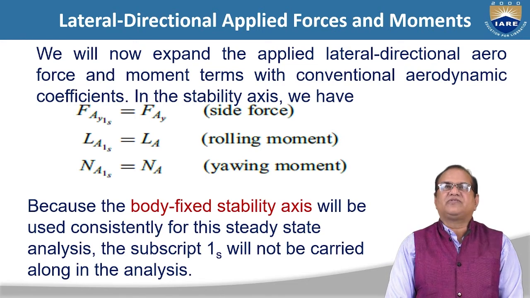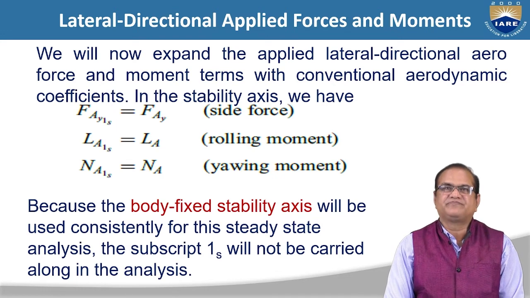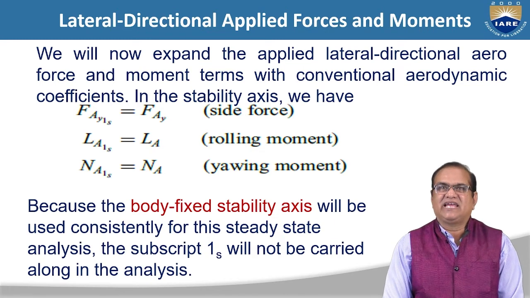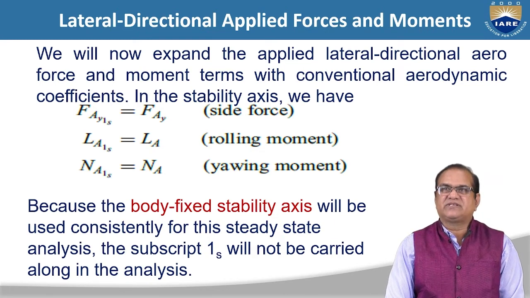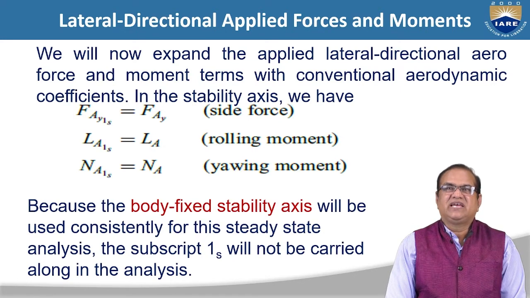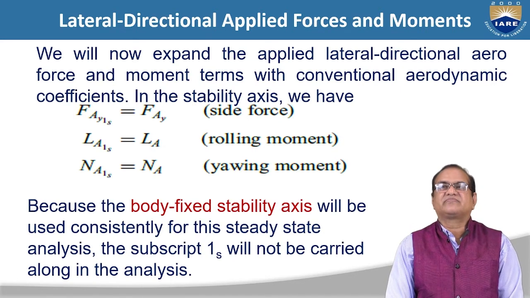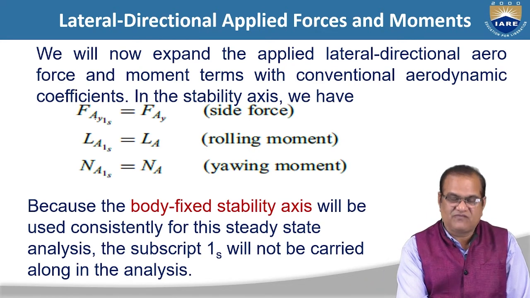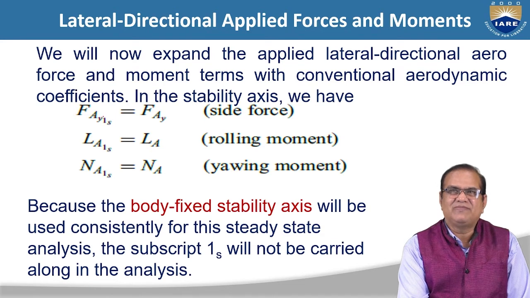Here now I am going to discuss lateral directional applied forces and moments. We will now expand the applied lateral directional aero force and moment terms with conventional aerodynamic coefficients in the stability axis. We have the side force, it is Fay 1S, but this S is stability axis, so we will be only writing Fay.